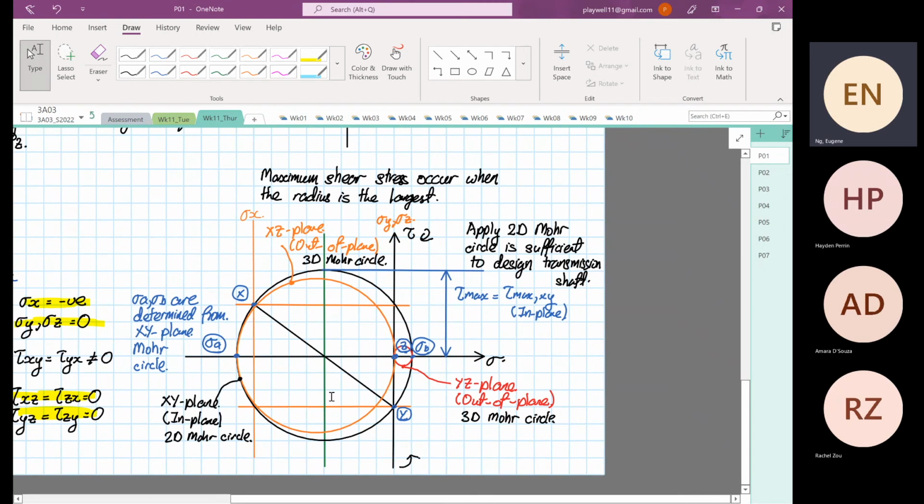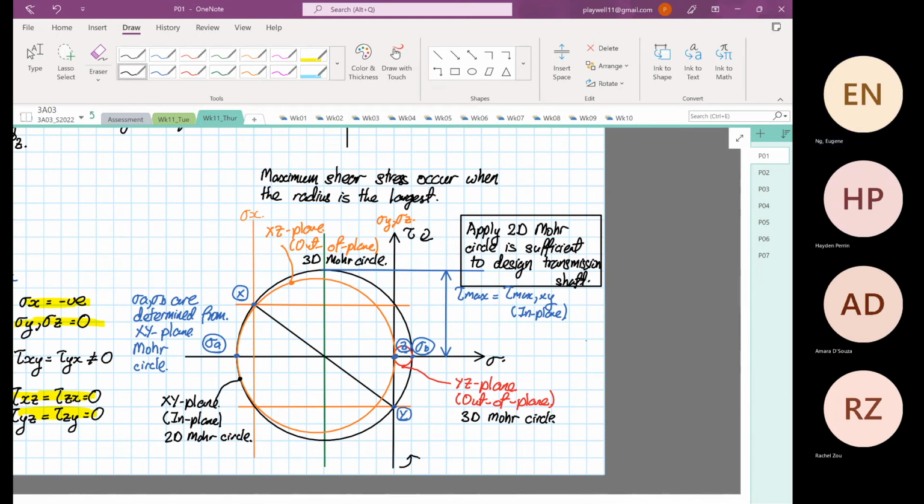This is a point that I want to elaborate, and it's a very important point. I don't want you to have the impression that 3D Mohr circle is useless. It's not, but for this case, we only need to use 2D Mohr circle. The reason why is these reasons.